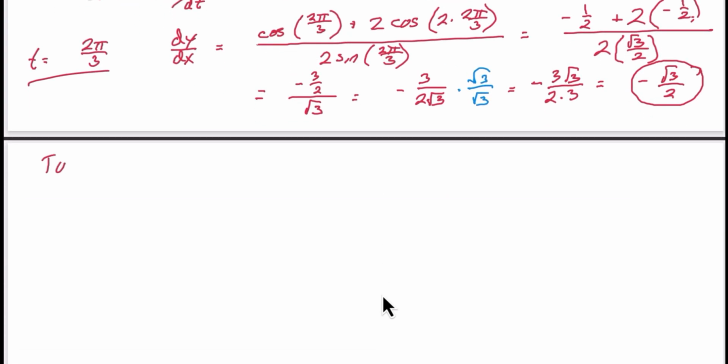So let's find the tangent line. y minus 0 equals the slope we just found, negative root 3 over 2, times x minus 1.